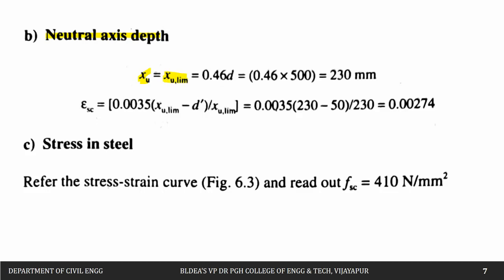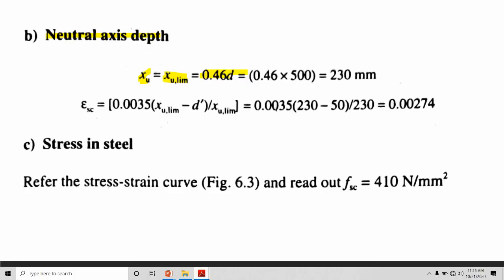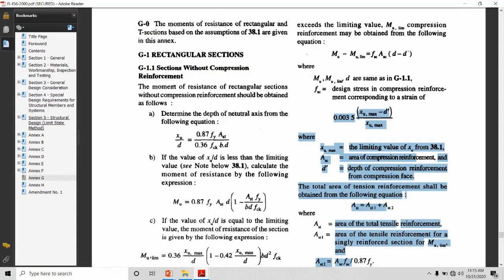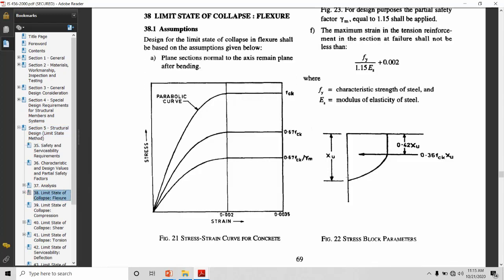As the steel is Fe 500, the maximum depth of the neutral axis is given as 0.46 D. This is given in the code book, in the limit state of flexure.